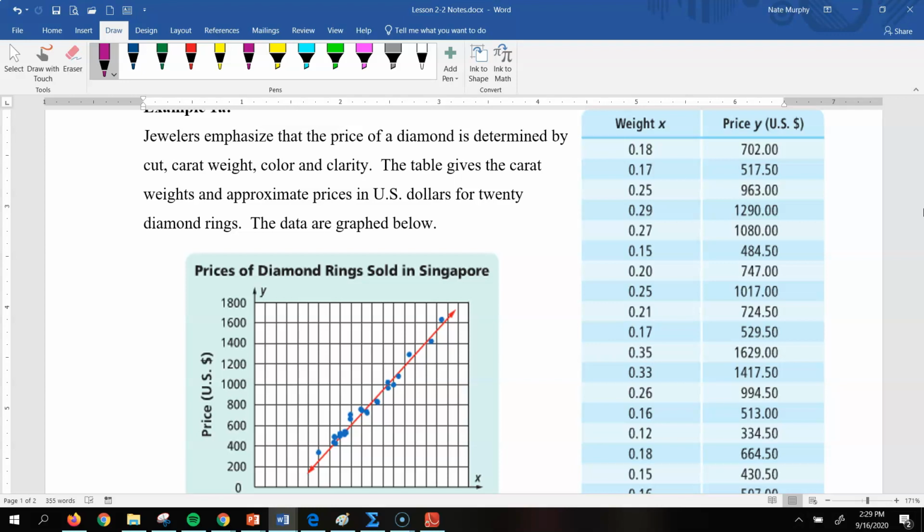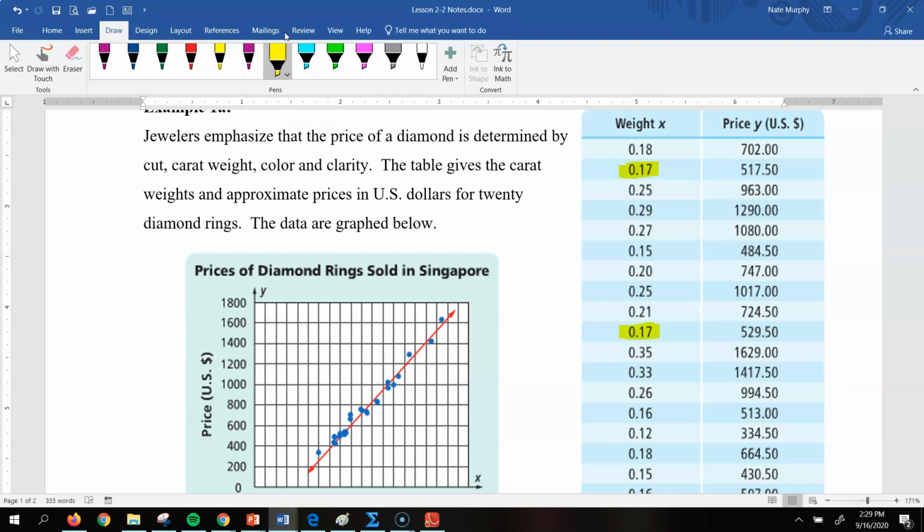All right, so if you look at some of these weights, you can see that they have a couple of different weights here that are the same value as far as the weight of the diamond, but the price of the diamond is different. Let's see if we can find a couple of those quickly. For example, here we have one that's 0.17. Here's another one that's 0.17.